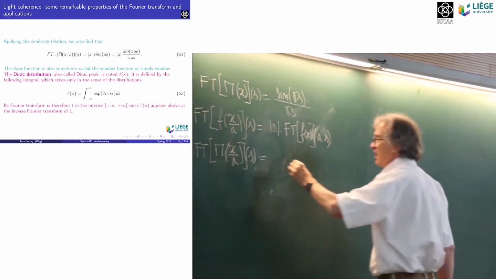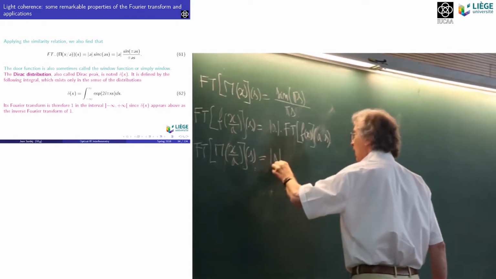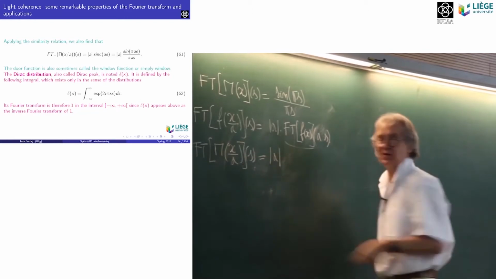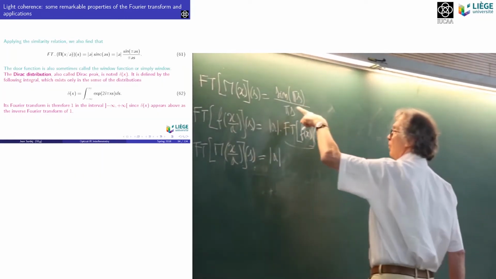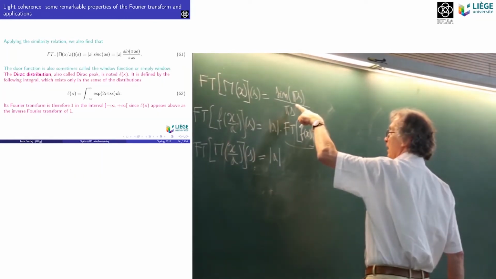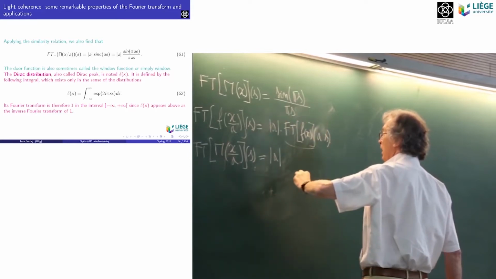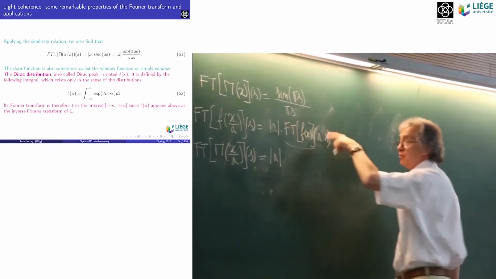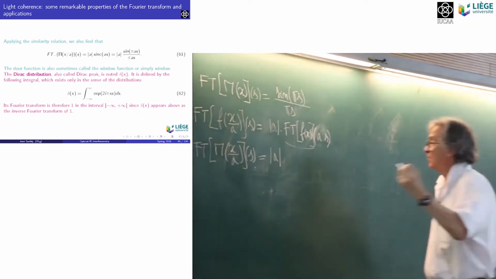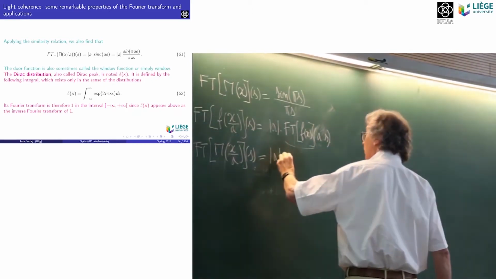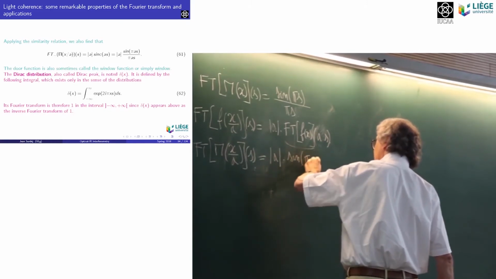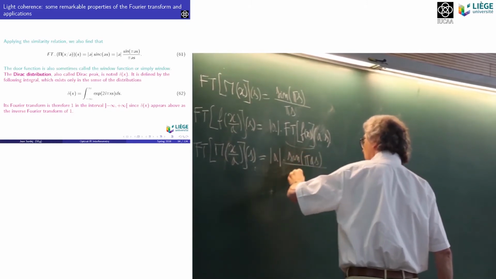So it will be the module of a times the Fourier transform of the door function. But the Fourier transform of the door function is this one, evaluated not for the variable s, but for the variable a times s. So it will be multiplied by sine pi as divided by pi as.